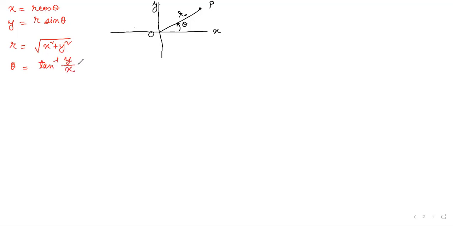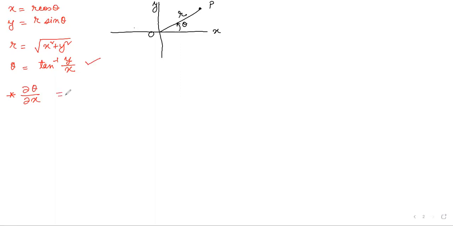Then suppose we want to find dou theta by dou x. We can find this from this expression.